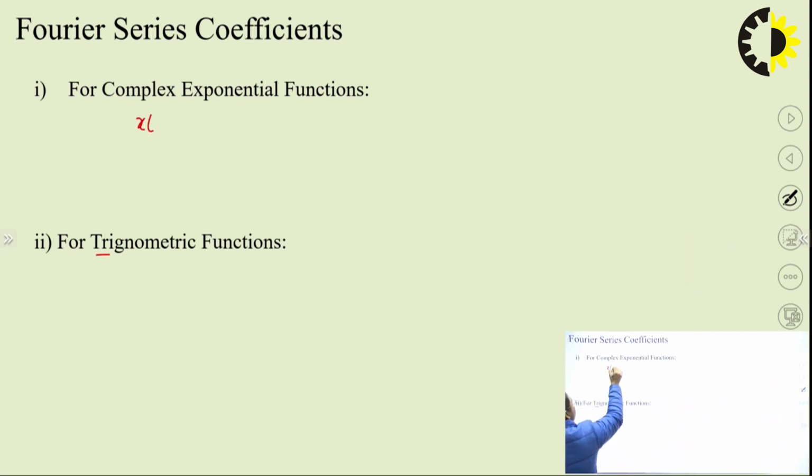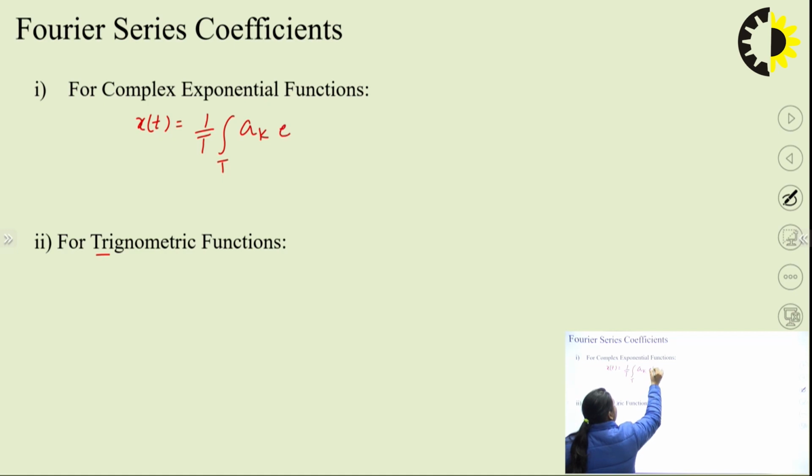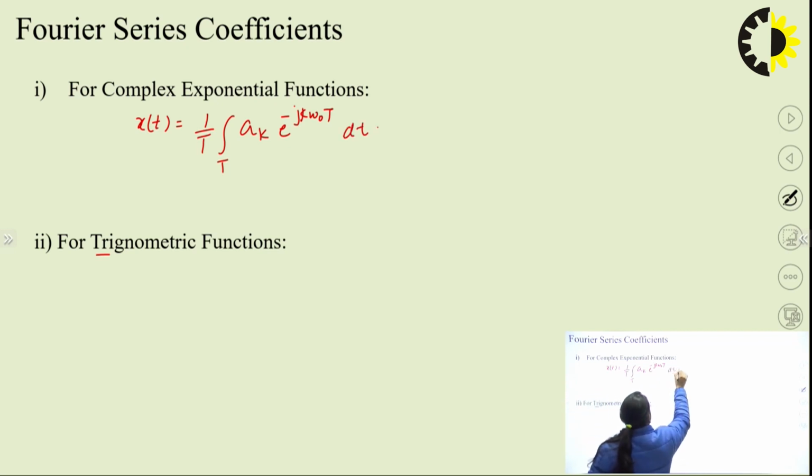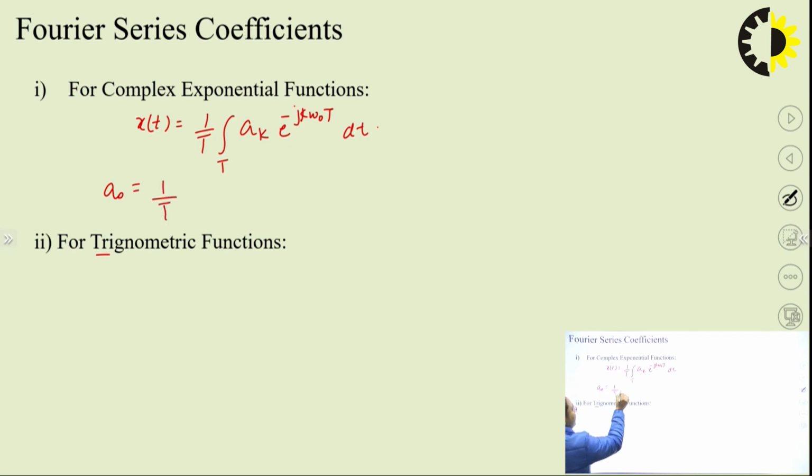a_k will be equal to 1 by T over the period T, integral of x(t) e raised to the power minus j k omega naught t into dt. Here a_k is the term for general k; for k equals 0, a naught can be represented as 1 by T over the period T of x(t) into dt.